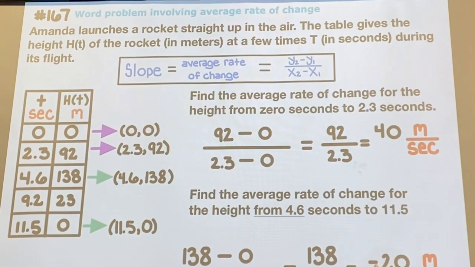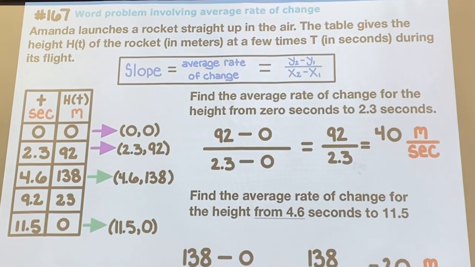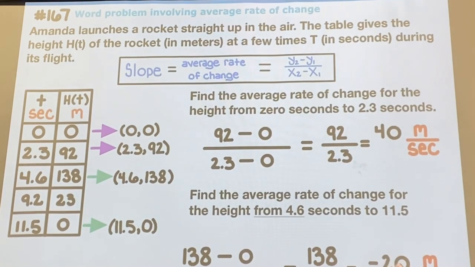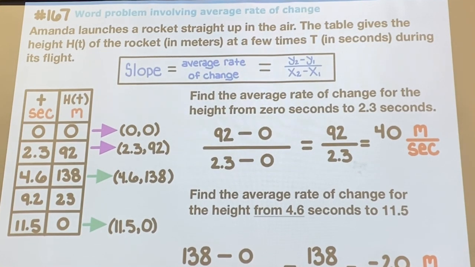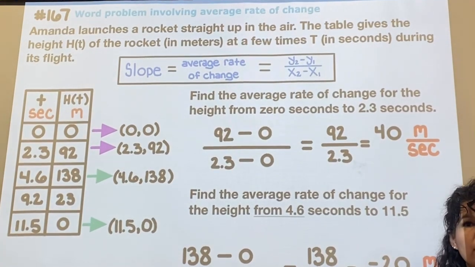So it's negative 20 meters per second. Okay, the answer itself is pretty quick, but again, the meaning is the average height is decreasing. This rocket is dropping an average of 20 meters every second from 4.6 seconds to 11.5 seconds.